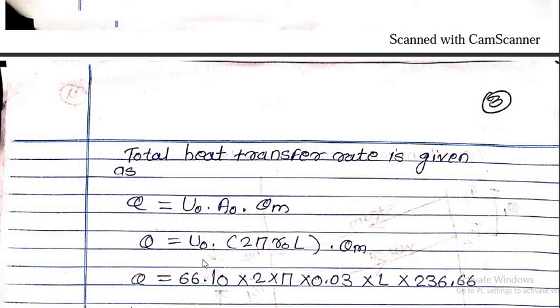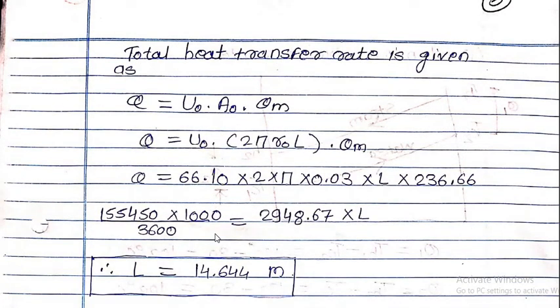So Q equal to we get the value of U naught 66.10 multiplied by 2 multiplied by pi multiplied by R naught value is provided as a given quantity 0.03 multiplied by L. L we need to find out here. Multiply by theta m value we have calculated on the basis of LMTD method, 236.66. So we will do the calculation, and Q is a given quantity, 1,55,450 kilojoule per hour.